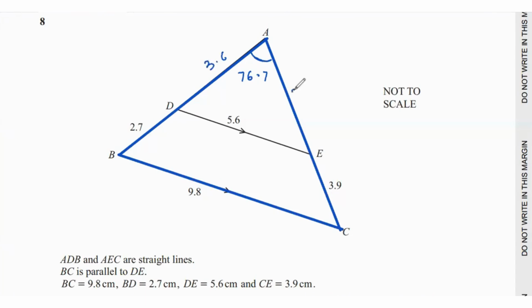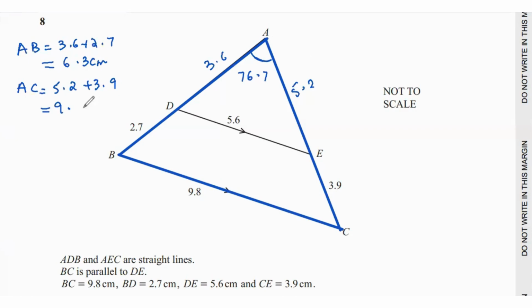We have the complete lengths now for AB and AC because we already found the AD and AE values. So AB is 3.6 plus 2.7, which is going to be 6.3 centimeters. And AC is going to be 5.2 plus 3.9, which is 9.1 centimeters.